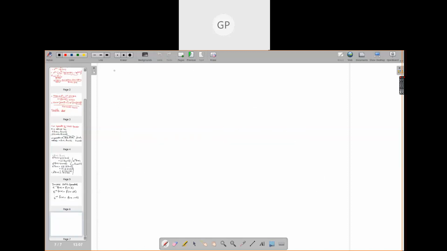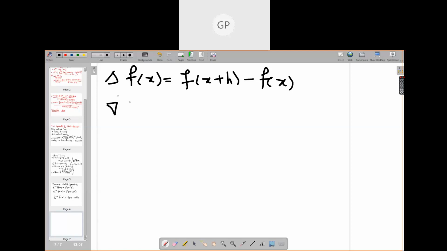What is delta f(x)? It is f of x plus h minus f(x). Here I am assuming that you know what x, x plus h, and f of x plus h are. Then what is del f(x)?